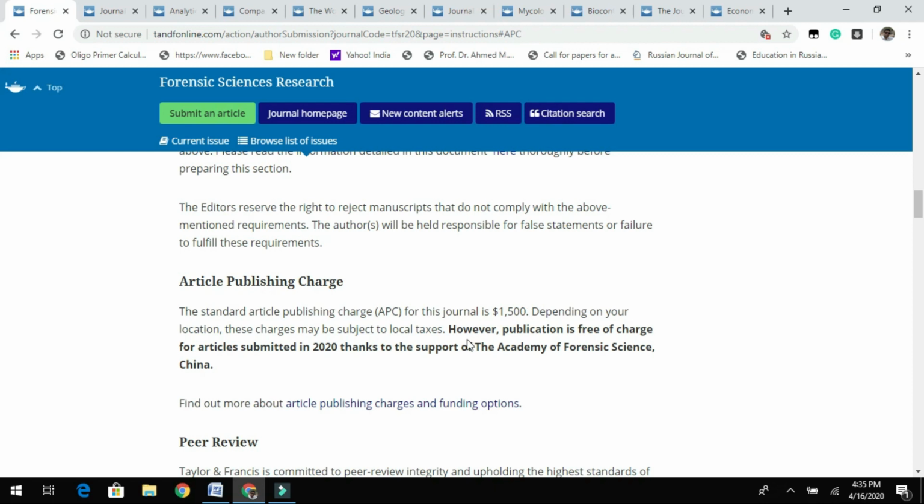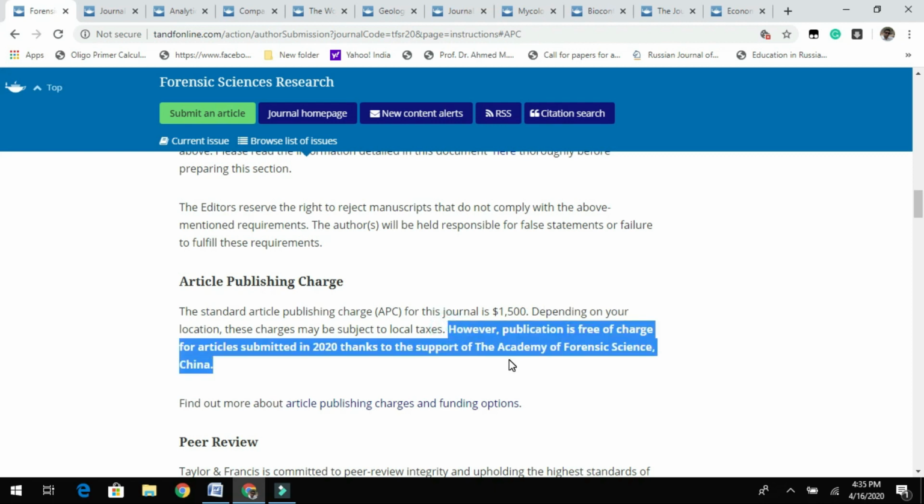However, the publication is free of charge for articles submitted in 2020. So if you are submitting your research article in 2020, then those articles are sponsored by the Academy of Forensic Science China.